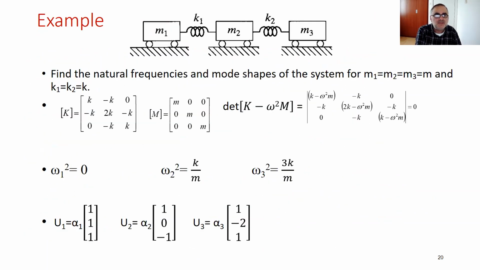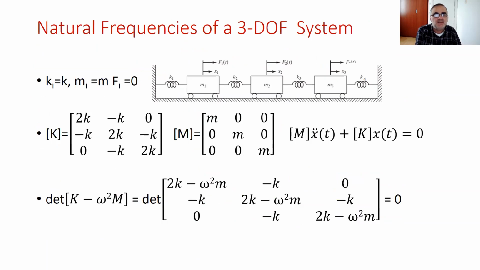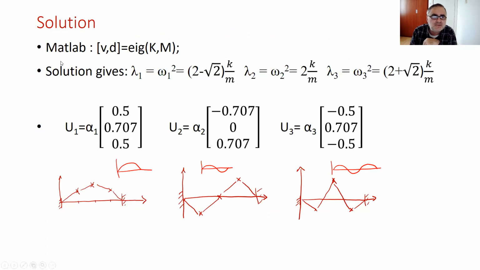Secondly, in this example I gave you, where the masses are the same, you don't have to really mass normalize your eigenvectors. The eigenvectors themselves are orthogonal with respect to each other. For example, if you take the dot product of these two eigenvectors, they will give you 0.